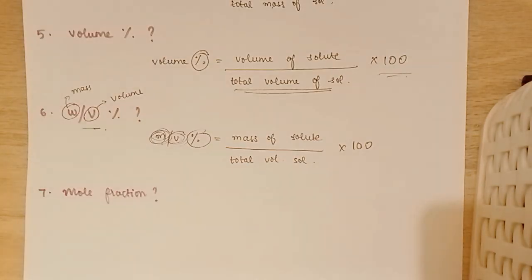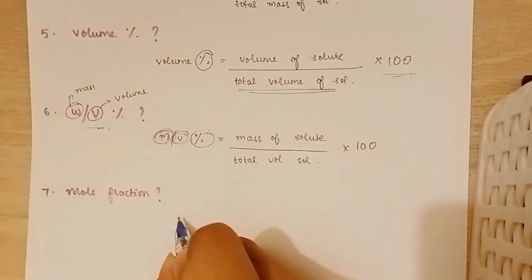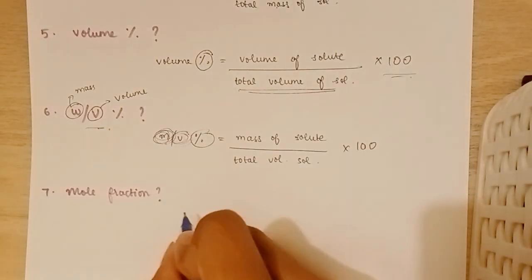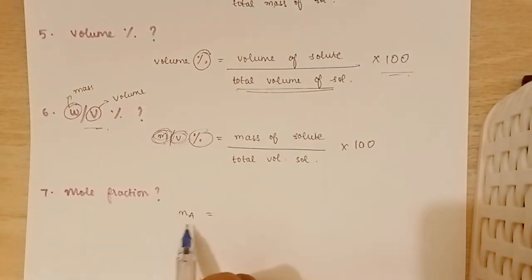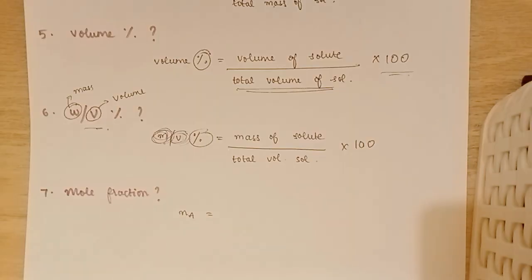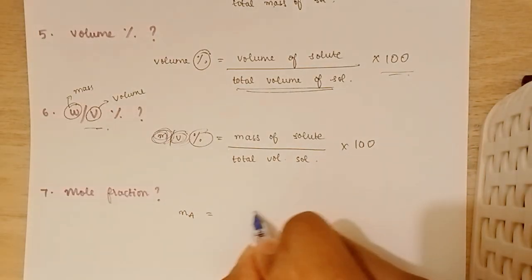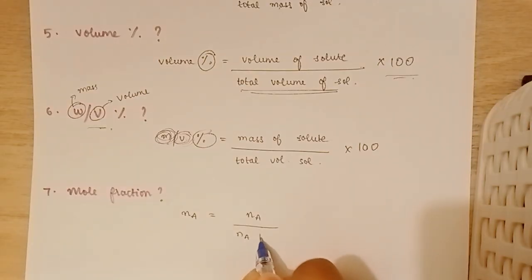The next thing is mole fraction. Mole fraction is really easy if you understand how to do this. If the one who makes the question paper asks you to find the mole fraction of a compound A, then the mole fraction will be equal to Na divided by Na plus Nb.